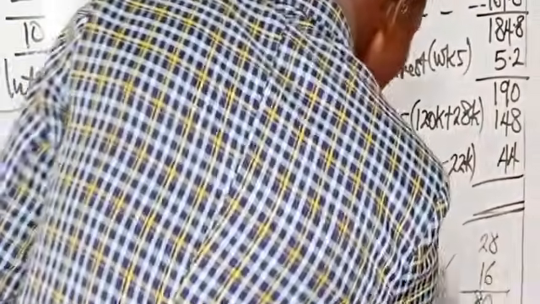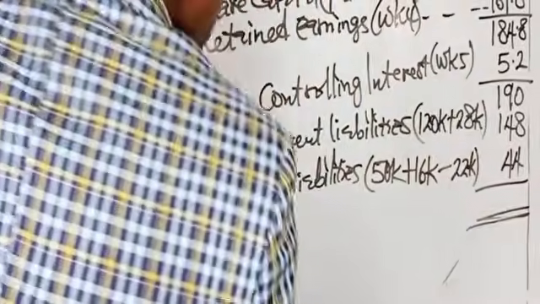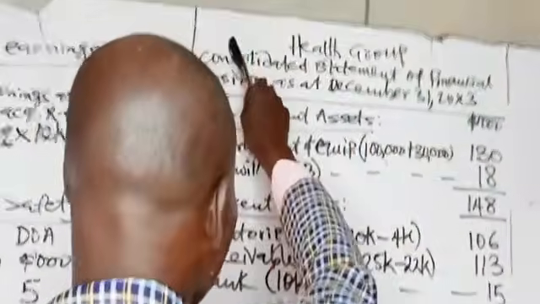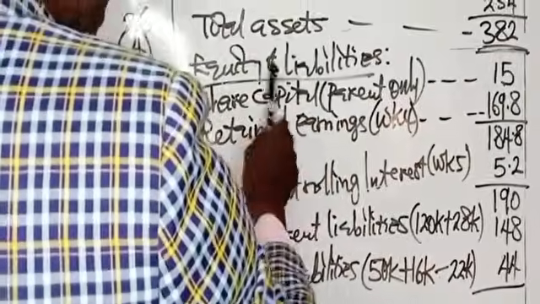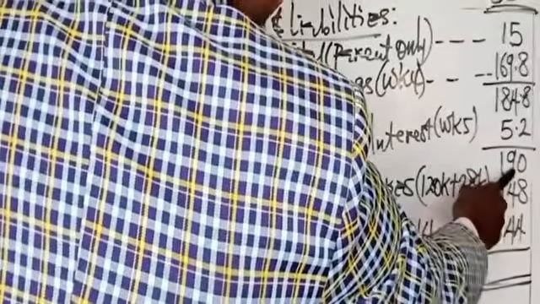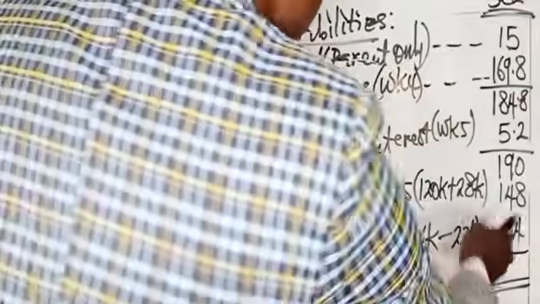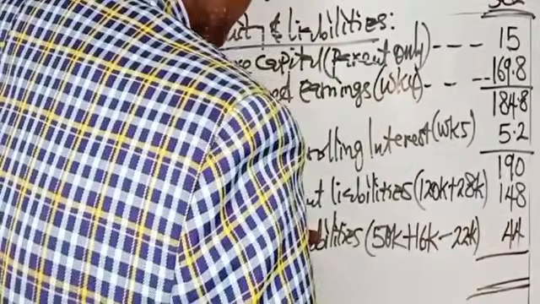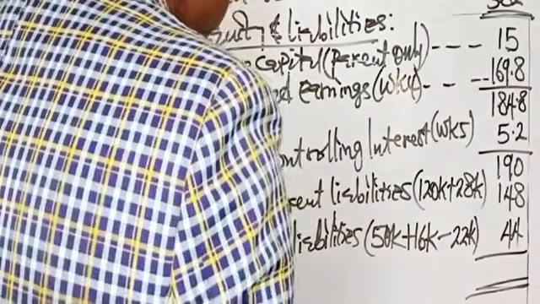So you now add your equity and liabilities. This is the consolidated statement of financial position. Our equity totals 190, plus non-current liabilities of 148, plus current liabilities of 44.